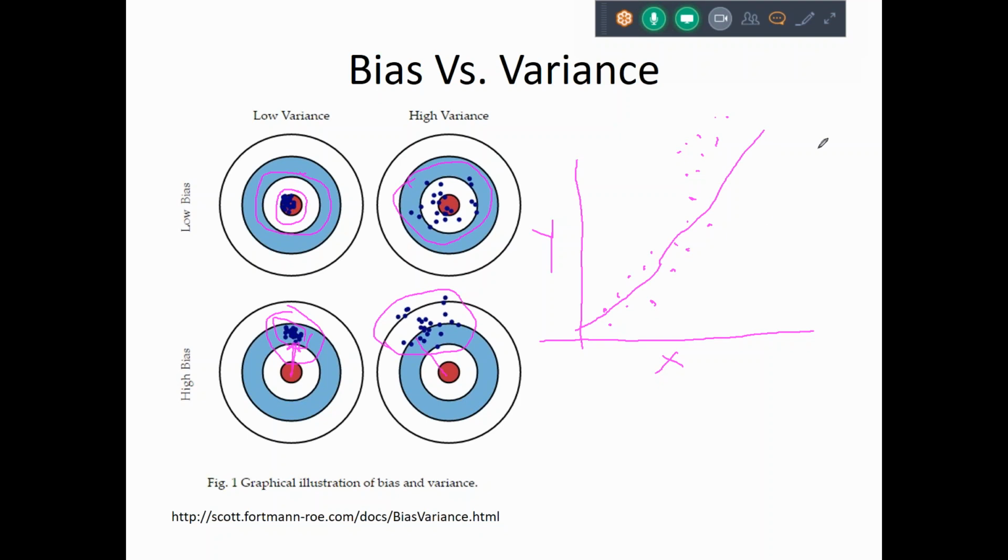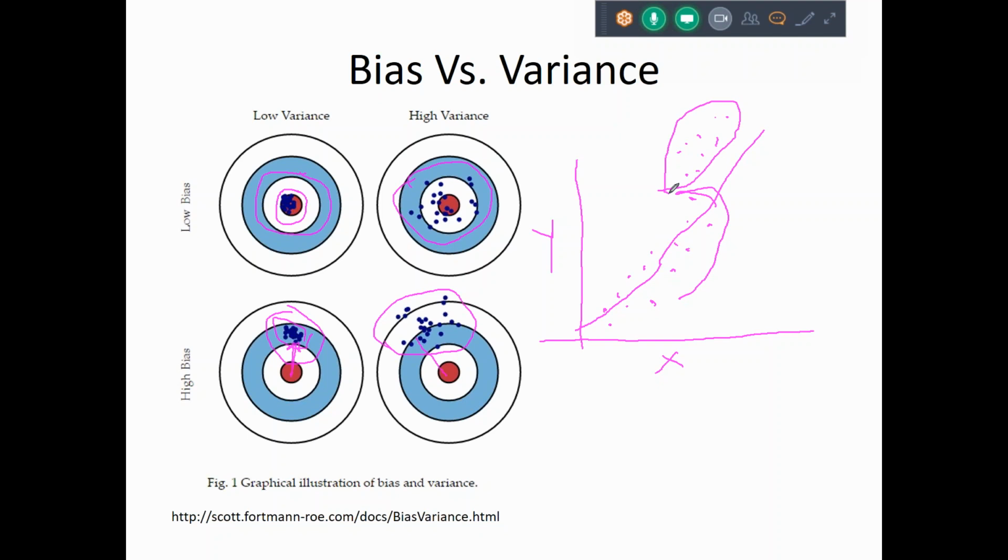It would fit very nicely to the points which are till here, but these other points are biased, so my equation is not going to fit properly to them.